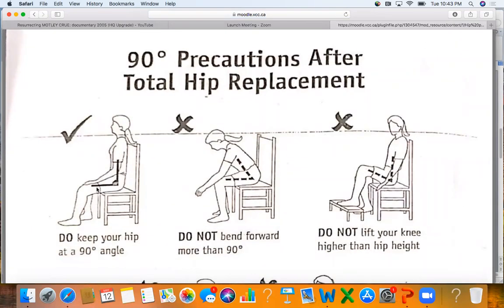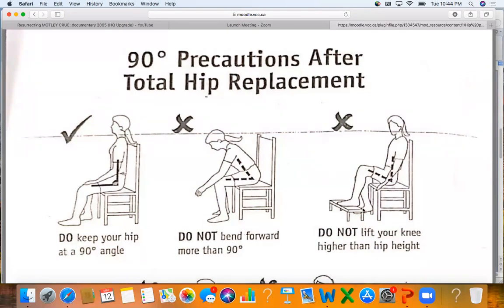Keep this angle between your torso, pelvis, and upper leg at 90 degrees or greater. For example, this would be considered less than 90 degrees, obviously. That's a no-no. Do not do that, because that's going to put pressure on that joint, and that joint could pop apart.